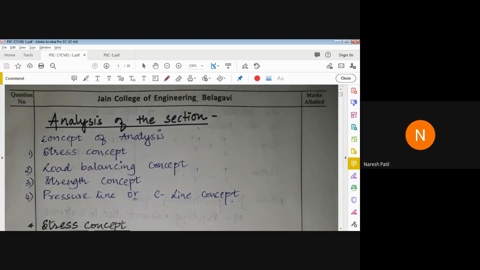There are different types of concepts of analysis: the stress concept, load balancing concept, strength concept, and the pressure line concept or C-line concept. I'll be discussing each method, and after discussing the method, I'll solve some problems so that you can easily understand how to calculate the stress or analyze the beam using different concepts. In the exam, you may get a problem on stress concept, load balancing, strength, or pressure line.